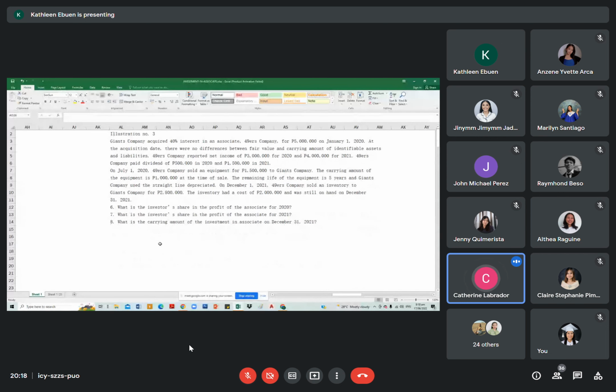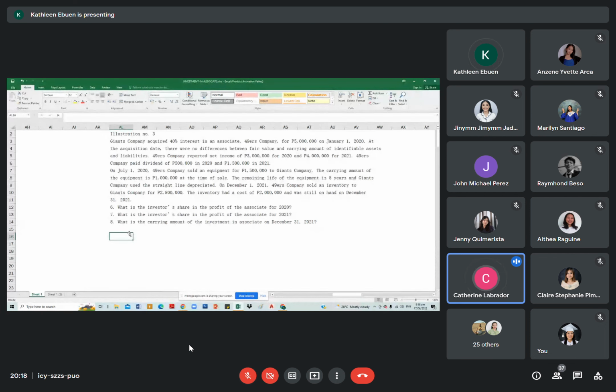Giants Company acquired 40% interest in an associate, 49ers Company, for 5 million pesos on January 1, 2020.